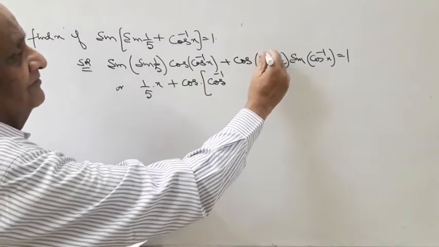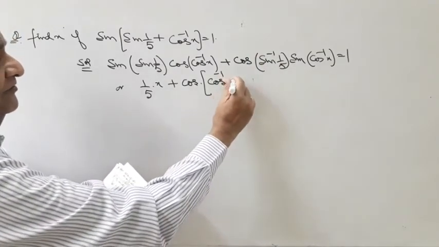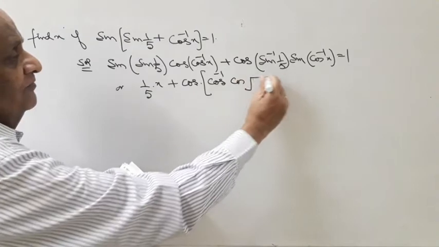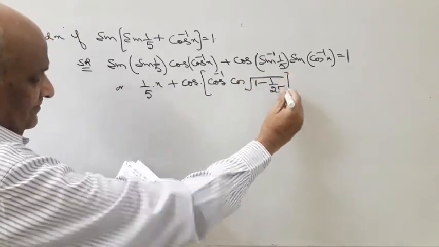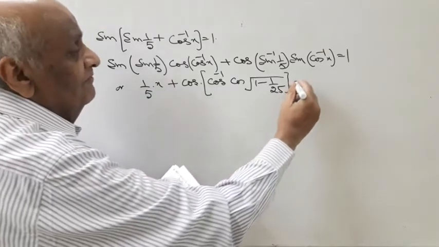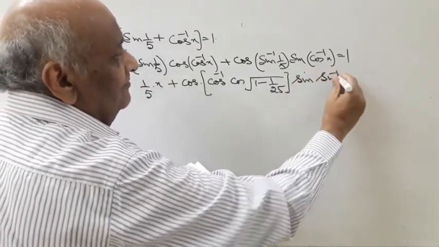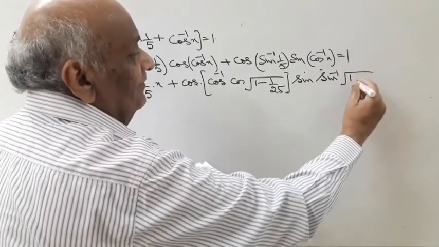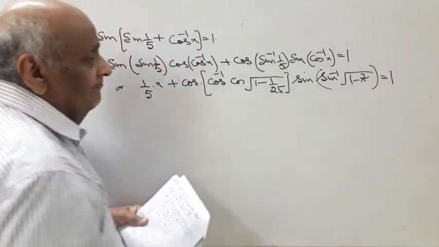Here the inverse is sine inverse of 1 by 5. This is cos of sine inverse, under root 1 minus 1 upon 25, sine of cos inverse, sine of sine inverse under root 1 minus x square is equal to 1.